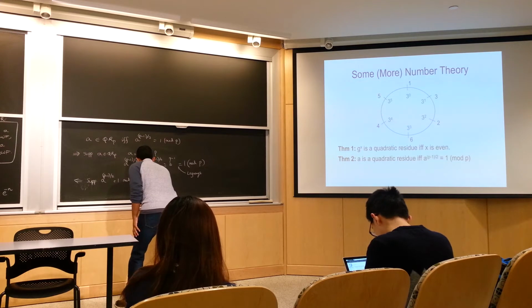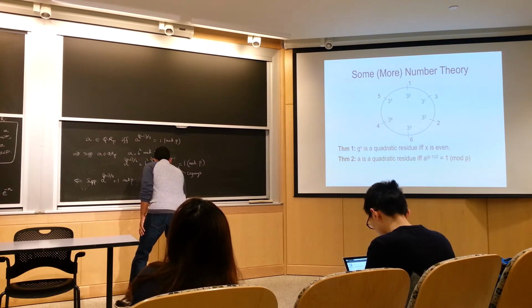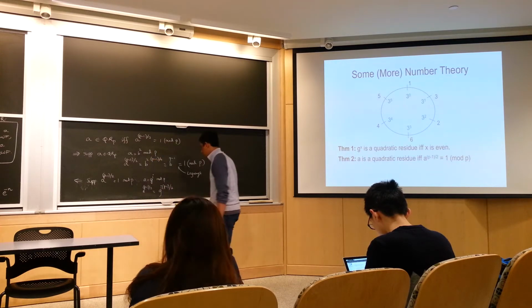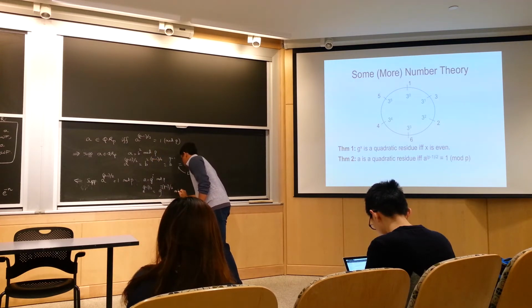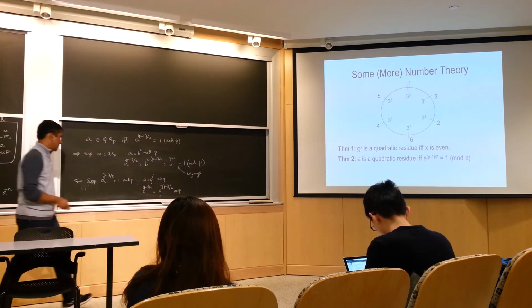So a to the p minus 1 over 2 is g to the i times p minus 1 over 2, and we know that this is 1.